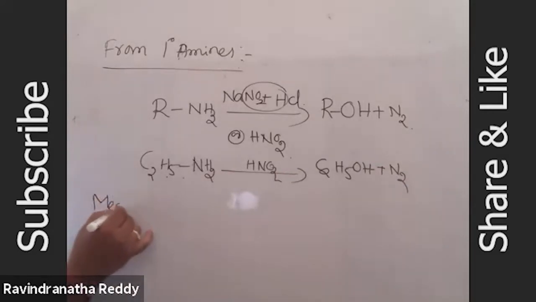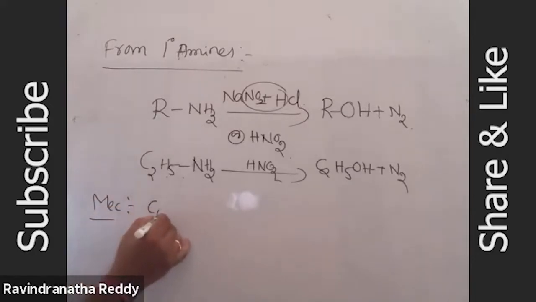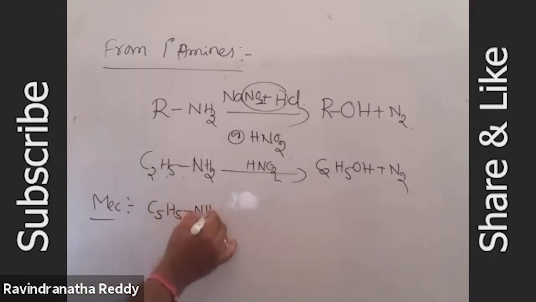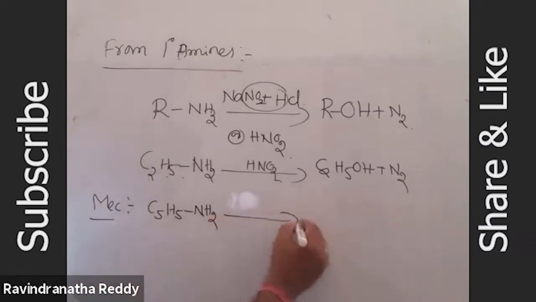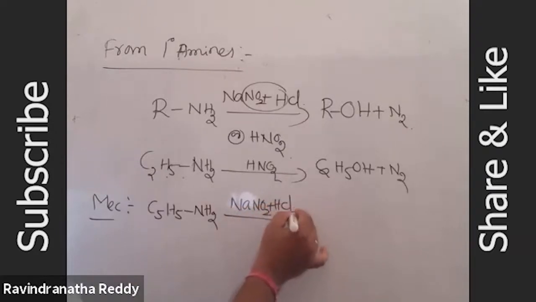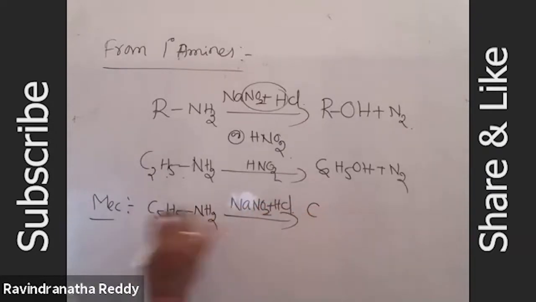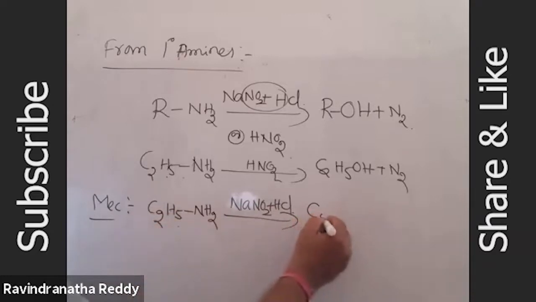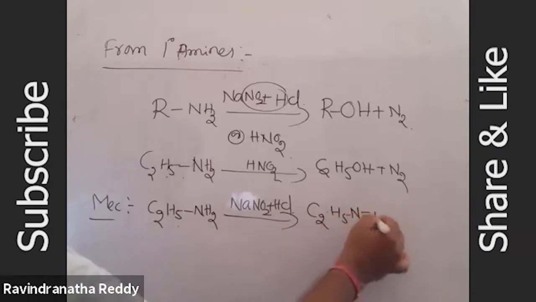What is the reaction mechanism? Take C2H5NH2 reacting with NaNO2 plus HCl. We get a diazonium ion, C2H5N2Cl, similar to benzene diazonium salt.